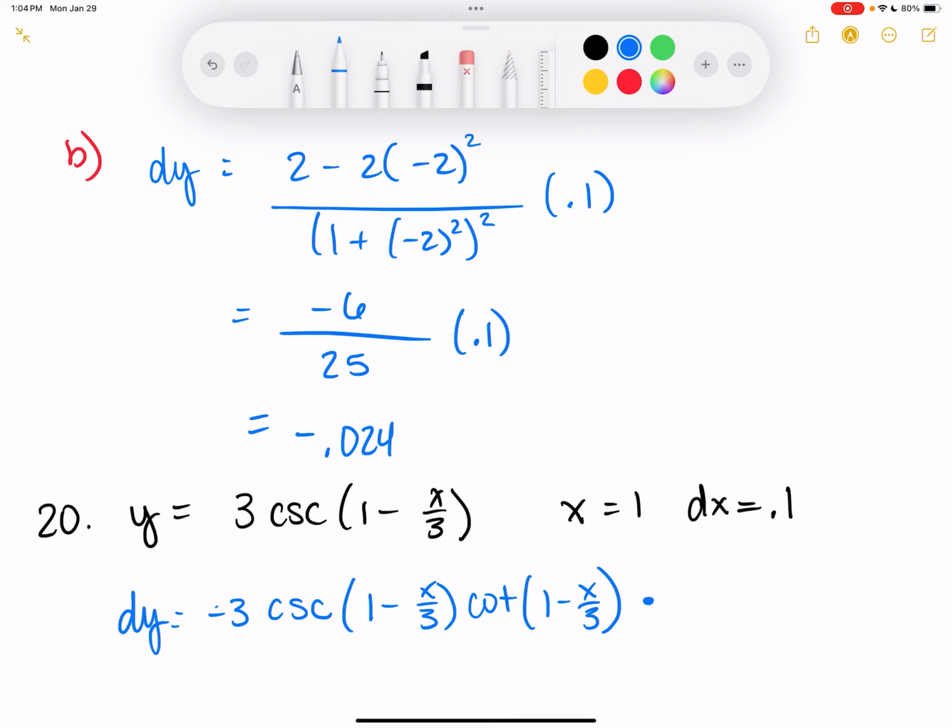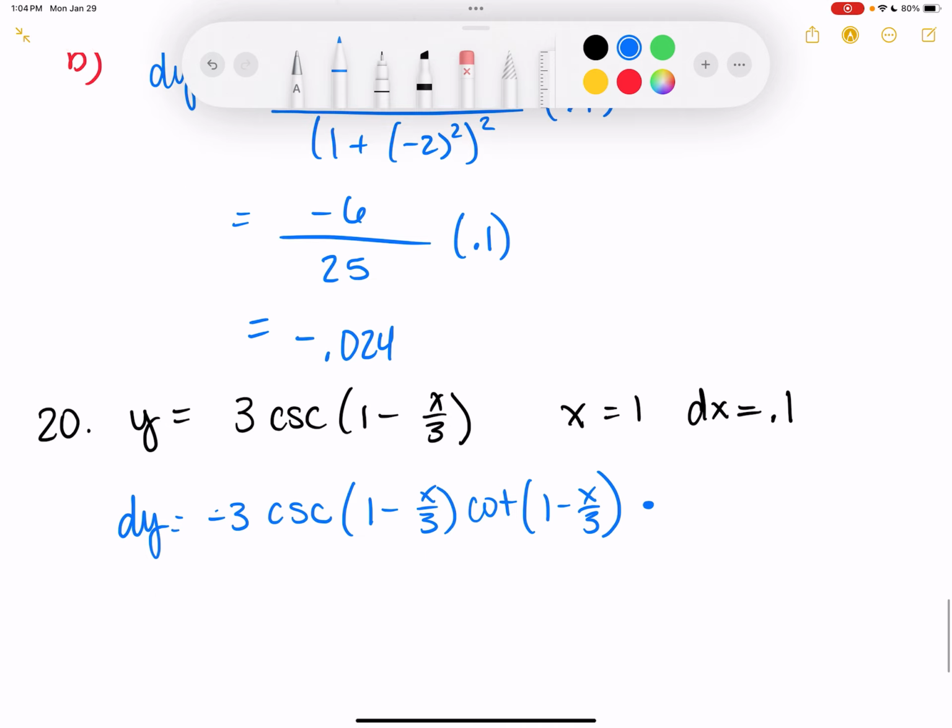Well, 0 is the derivative of 1. That's true. So look, what is the derivative of 1 minus 1/3 x? Negative 1/3. Negative 1/3. Oh, right.